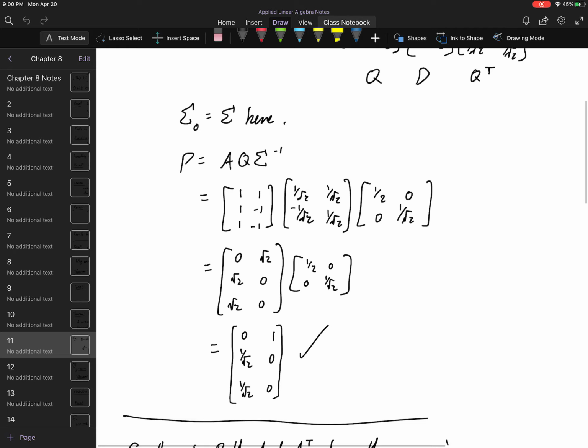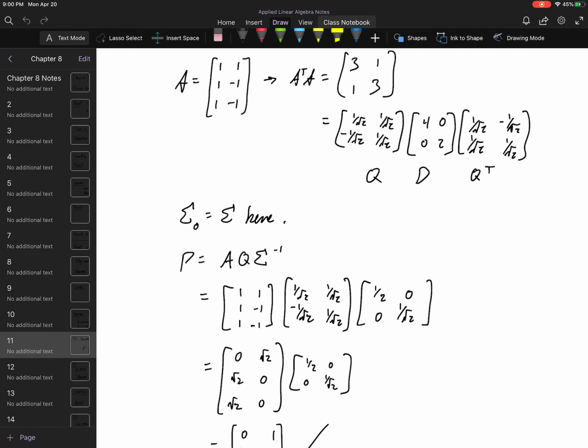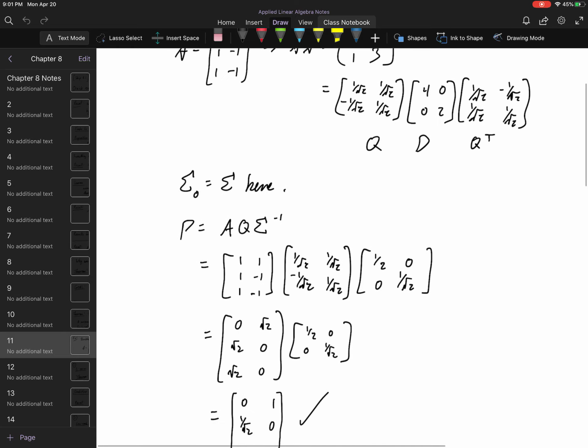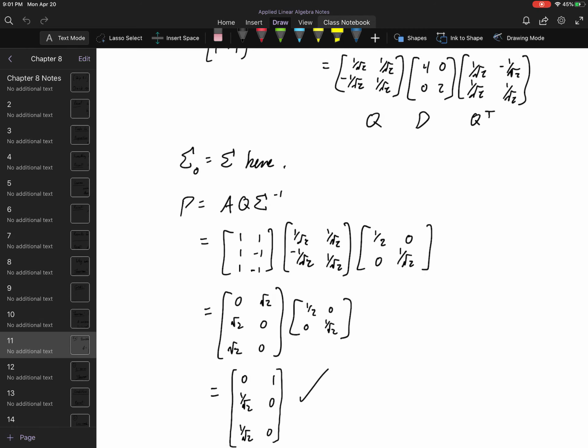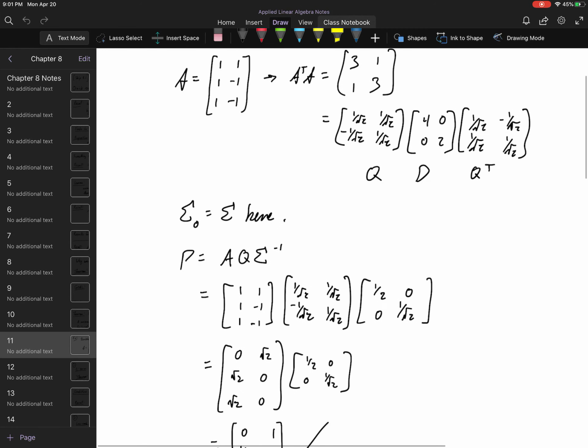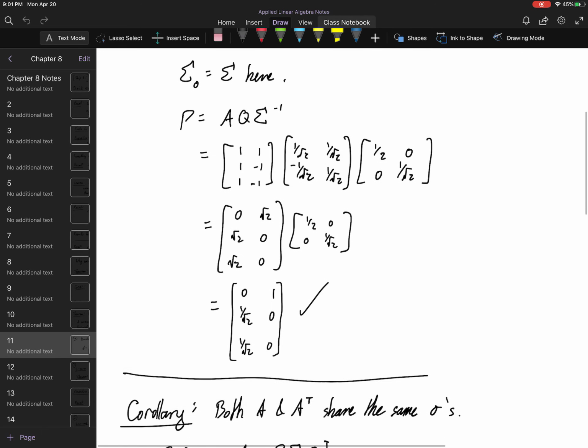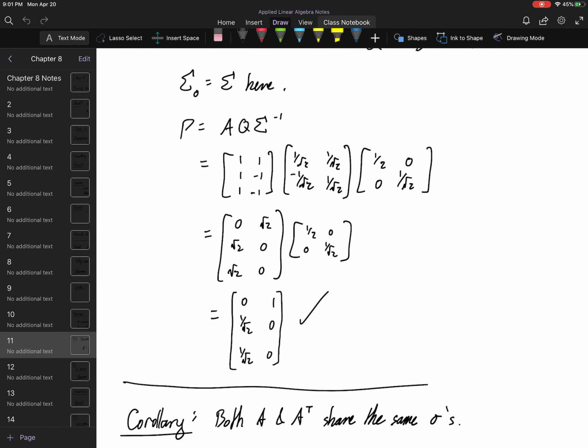We can create sigma zero by just using the square root of D. There's no problem in this case because there are no zero eigenvalues for this guy. So P is just going to be this matrix A times Q times sigma inverse, and there's the P matrix from before. We do see exactly the same thing.